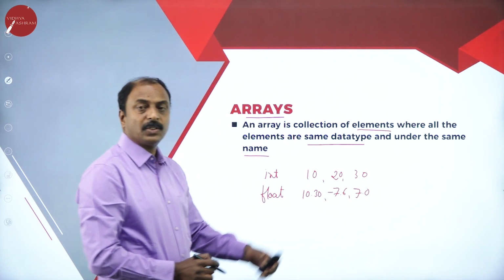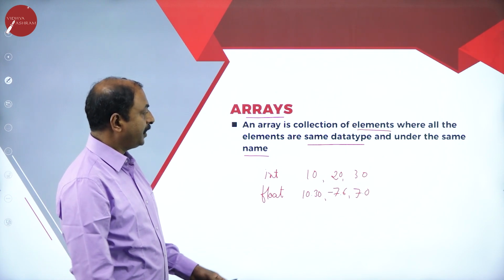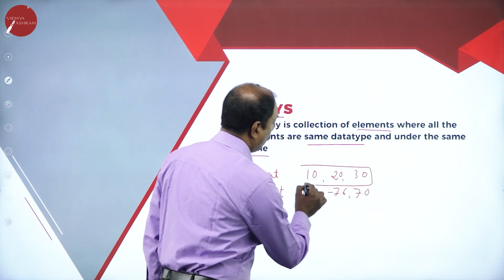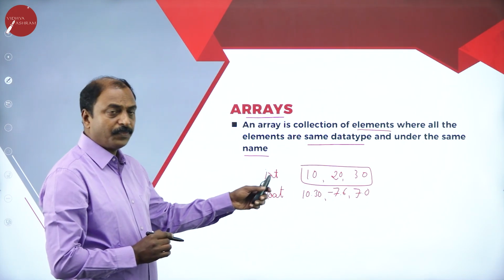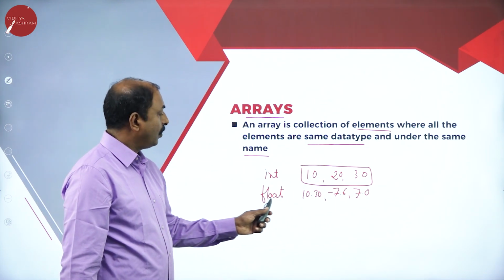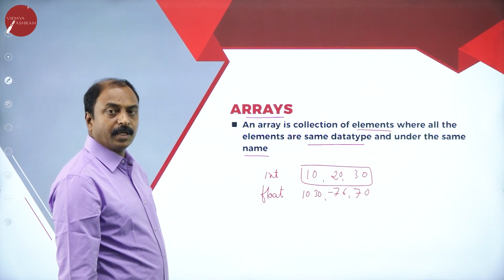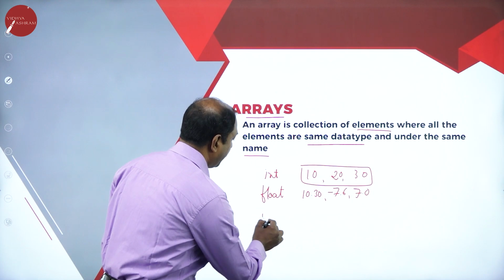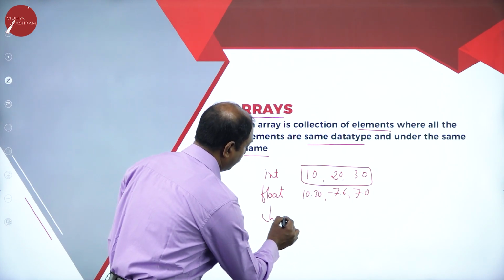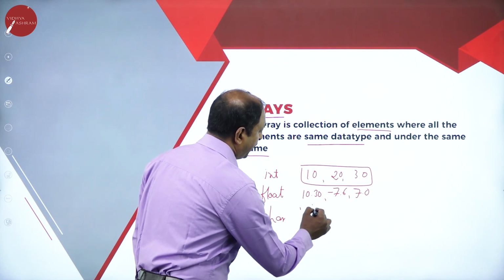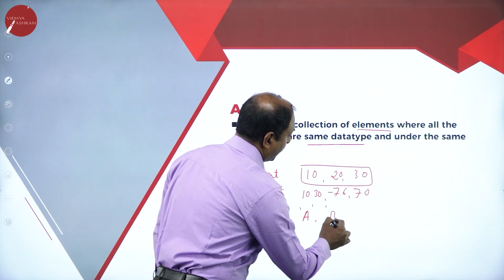These are all elements of an array. If you observe, in the first example all the elements are of only one data type, that is int, and in this example all elements are of data type float. Similarly, you can also have elements of type character. Character is a data type, so here all the elements will be characters.